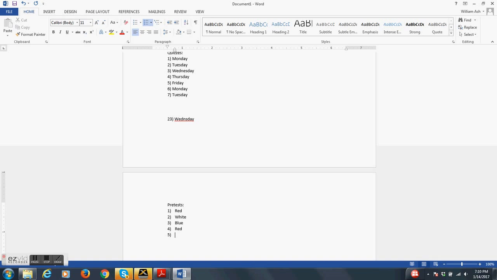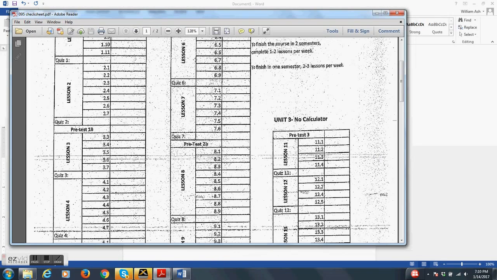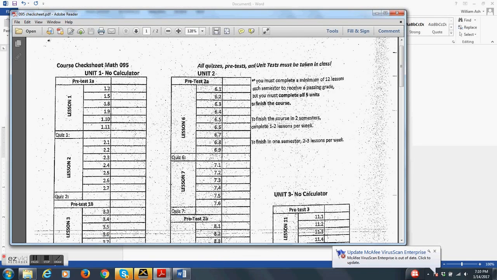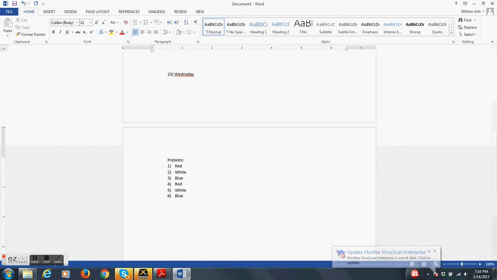So 4 was red, 5 was white, and 6 was blue. If there are two of them in there, for example, pretest 2A and 2B, then pretest 2A is going to be white space A.